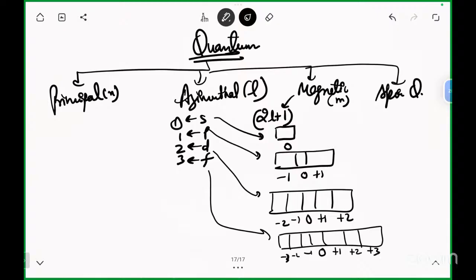If the electron has spin up it will be plus, and if down it will be minus. This is the way you calculate.